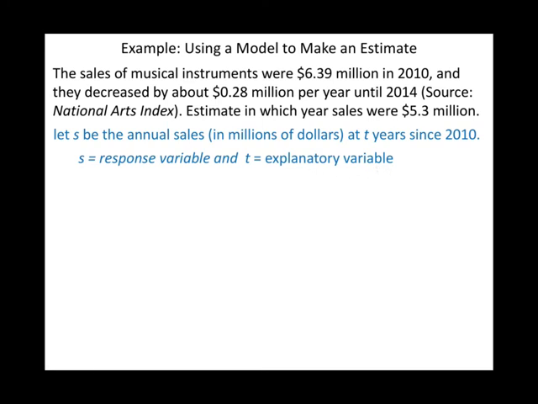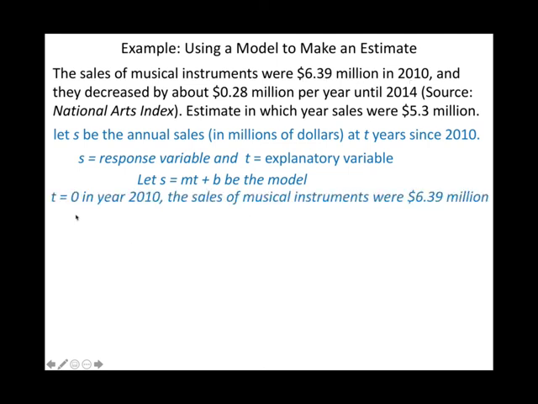And then we're going to let the linear equation be the model. We're going to let S equal mt plus b, just like y equals mx plus b, right? So my S represents your y here. Your t represents your x. Okay, the first sentence: the sales of musical instruments were 6.39 million in 2010.